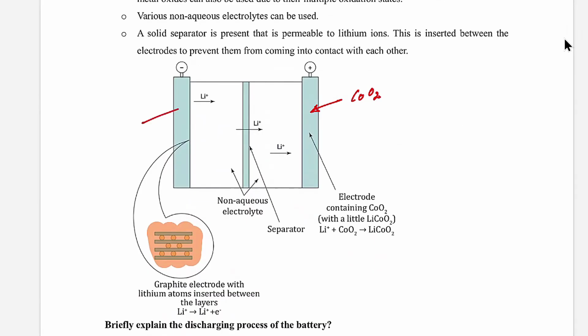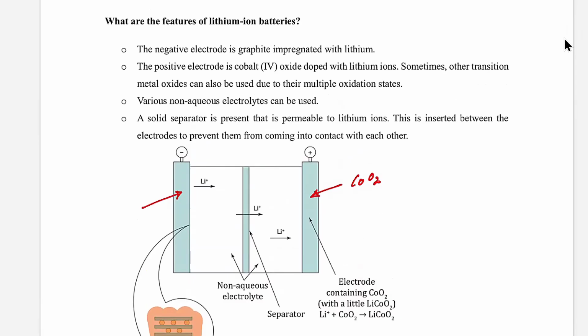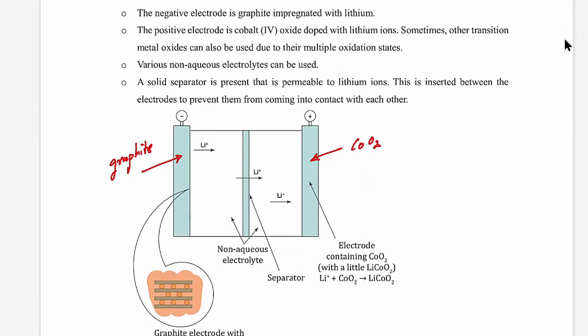And this one is what? It's graphite, yeah, with lithium, right? So the lithium is coming into the cathode, right? So this is the cathode in this case, correct me.